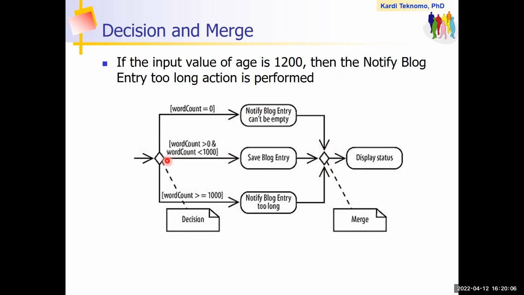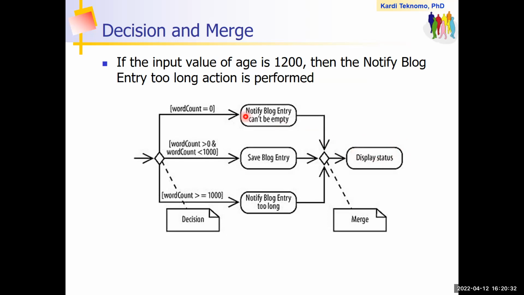So again, you create a diamond to branch. If the word count is 0 or between 0 and less than 1,000, do something. If the word count is more than 1,000, do something else. These are the activities, the nodes. And then after that, display the status.